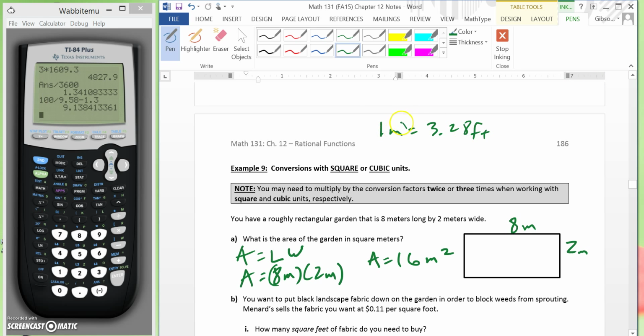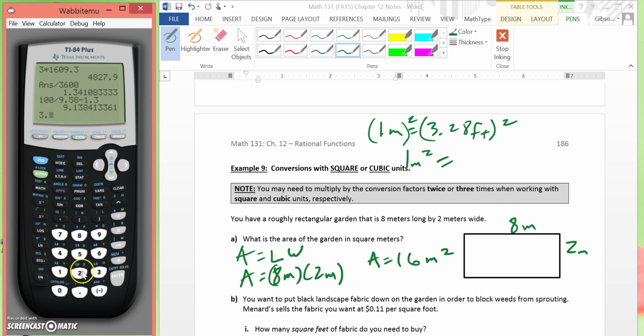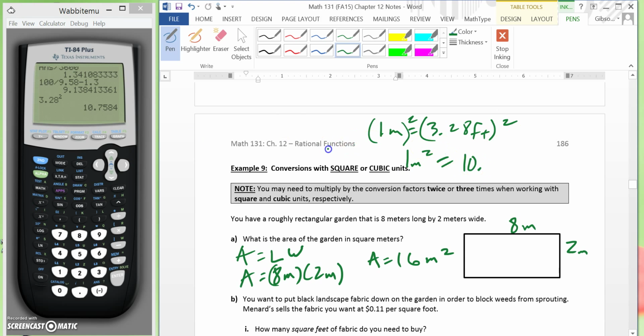But we want to make these square units, so we would square both sides. So this would be 1 square meter is equal to 3.28 squared. And that will give us 10 point, and we'll just round to 1 decimal place. We'll make this 10.8 square feet.